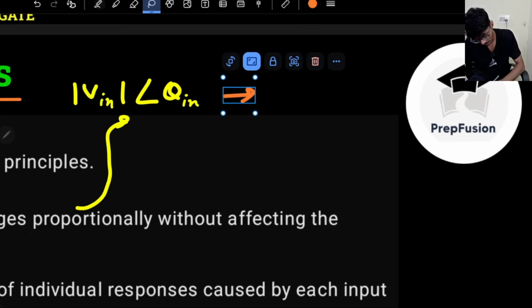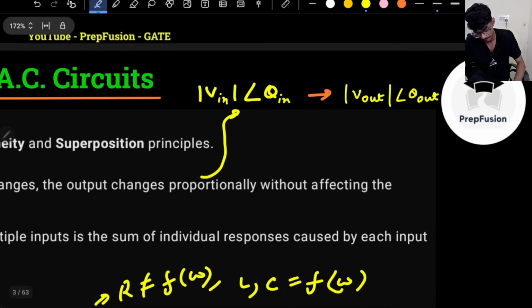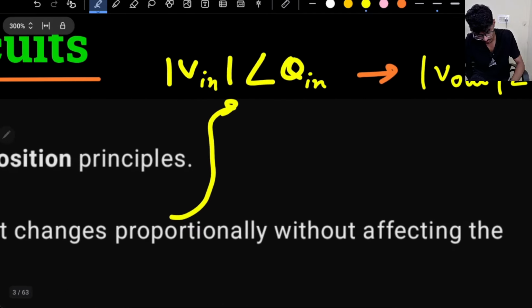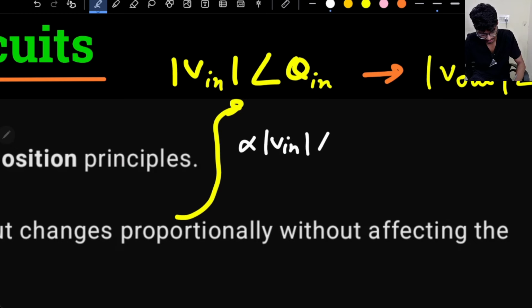For this I am getting a response, let's say of magnitude v out and theta out. Now let's say I have multiplied the response by a factor of alpha and changed the phase by plus beta.